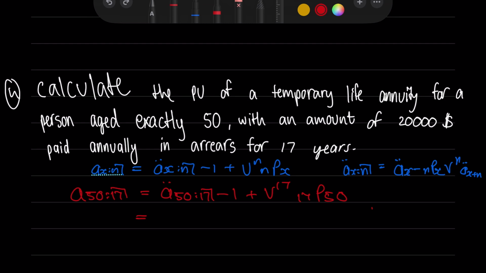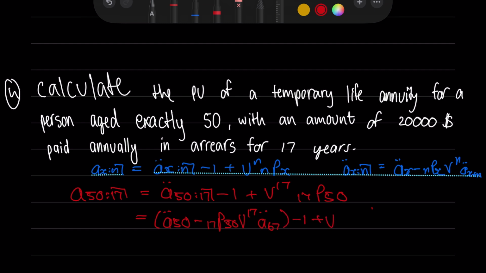Let's continue. So I'll sub the values in. It's going to be ä 50 plus 17 is 67 minus 1 plus v 17, 17p50. There's not a capital P, this is like a small p. Looks funny though, sorry.